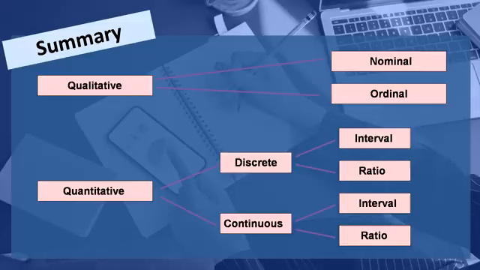If you have nominal data, then we have to use the statistical tools meant for nominal data. So for these kinds of statistical applications, you need to know the data types. So that is the summary we are giving: qualitative and quantitative, discrete, continuous, nominal, ordinal, interval, ratio. Hope you will understand the basics of these data types through this video.